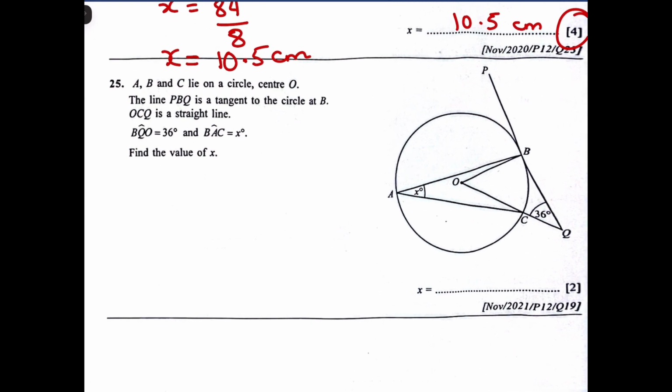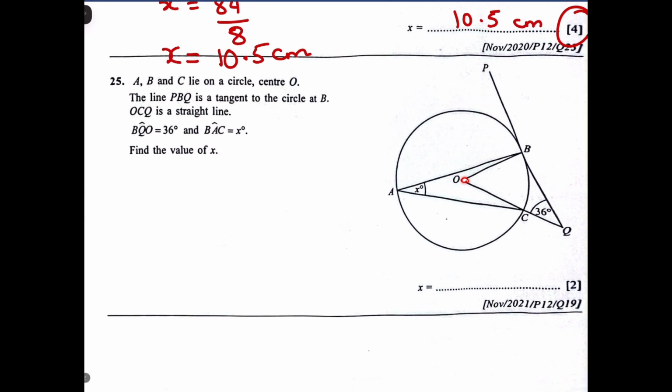Okay, so A, B, C, D lie on a circle with center O. This is the center. I can see angle made at the center and the circumference already. Radius and tangent, they make a 90-degree angle. So I will mark that out right now. Find the value of x. So if we can figure out this angle, which we can, if we focus on triangle BOQ.